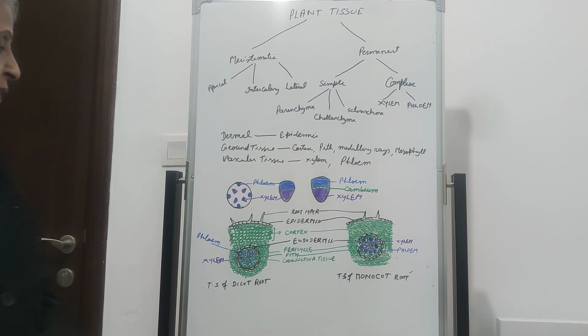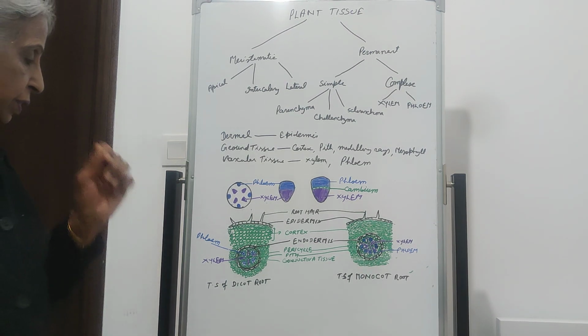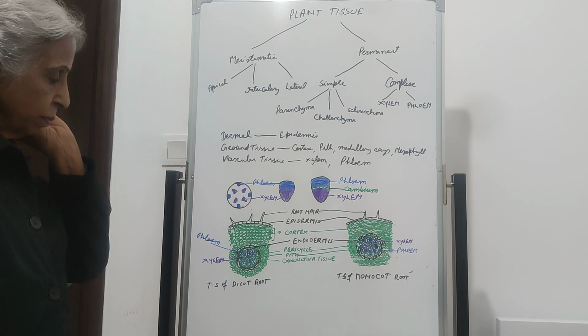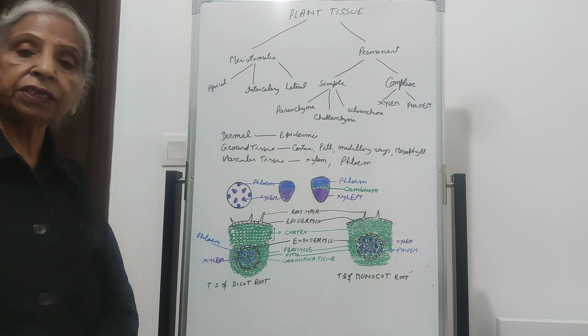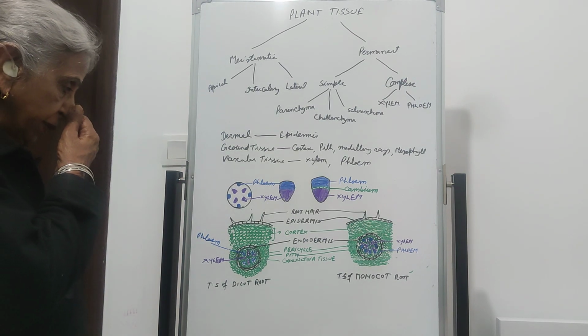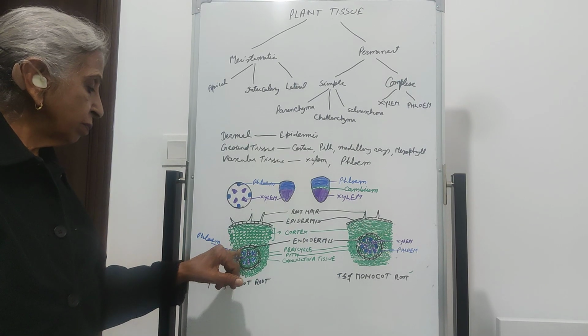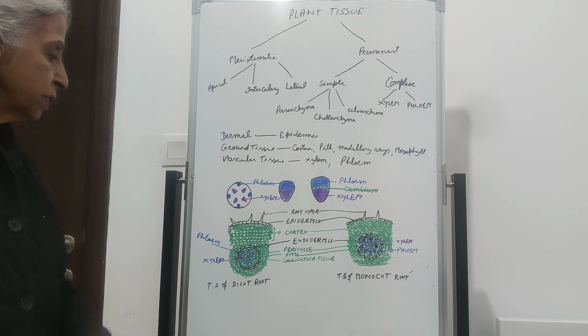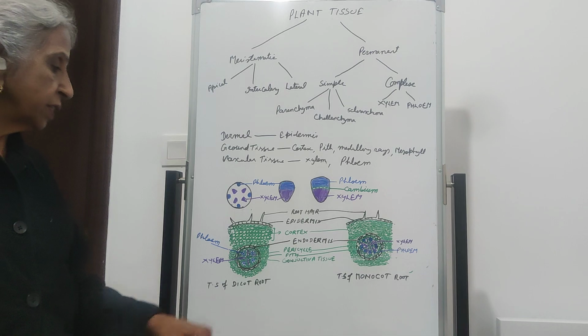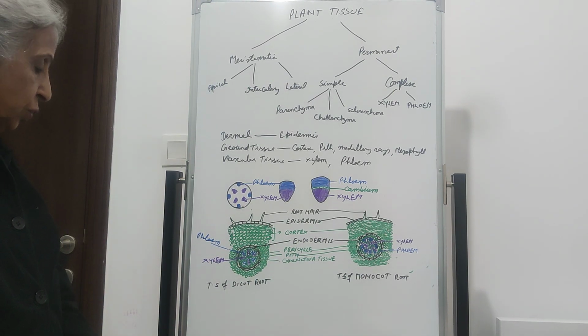In root, protoxylem faces outside and metaxylem inside. Such bundles are called endarch. In between the phloem and the xylem are parenchymatous cells called the conjunctive tissue.